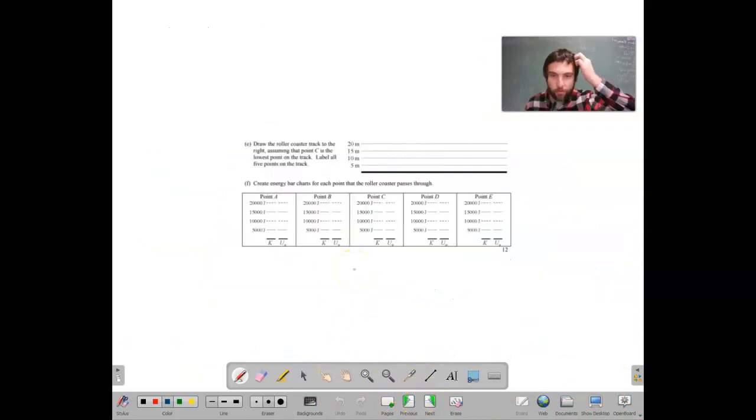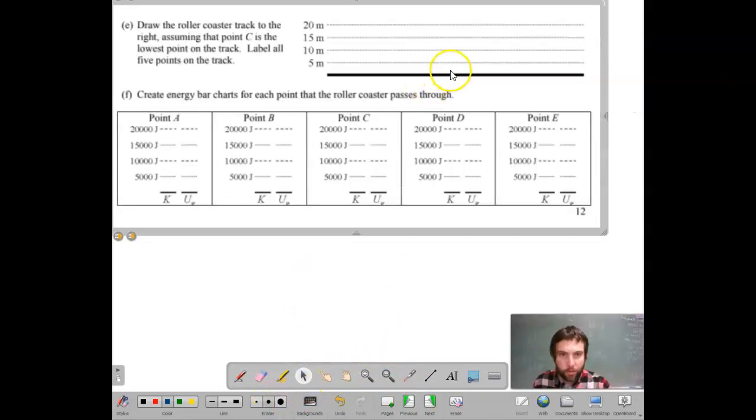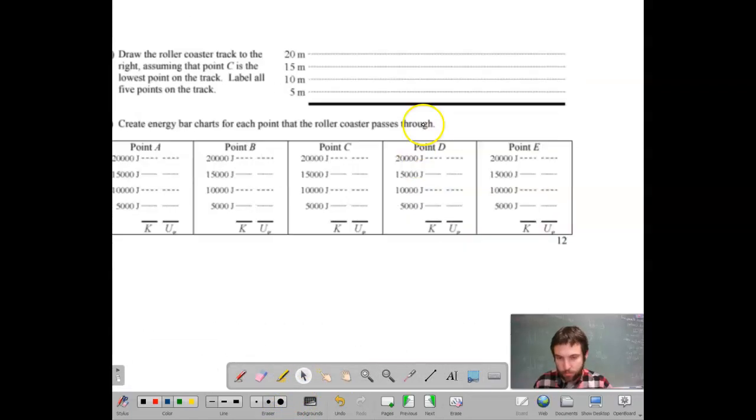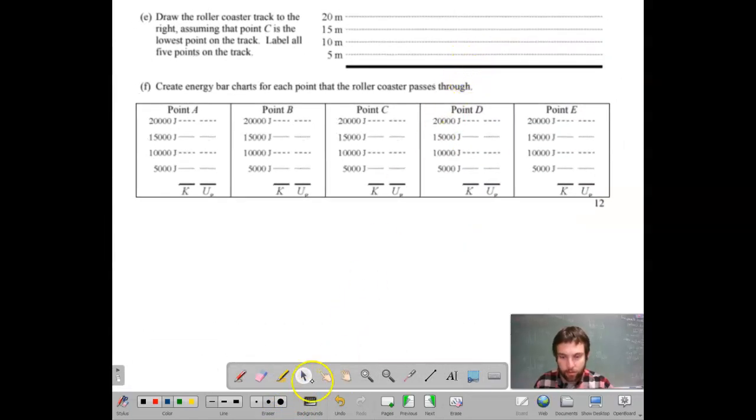Now, draw the roller coaster track to the right, assuming that point C is the lowest point on the track. Label all 5 points on the track. We know that point C is the lowest point on the track, so point C is about halfway through.